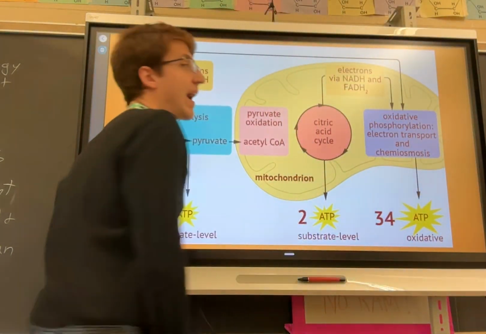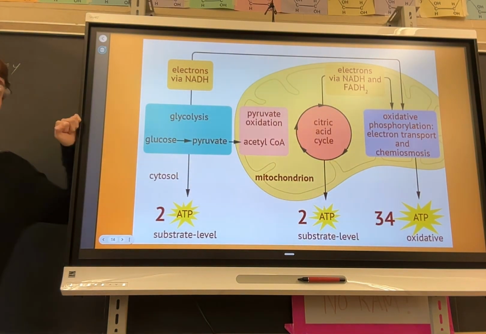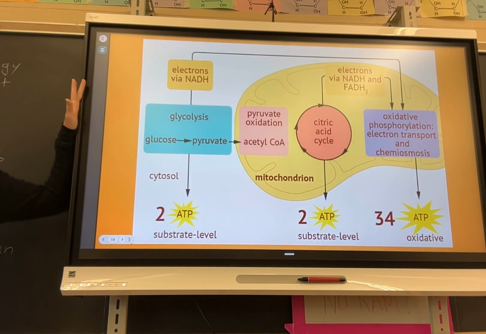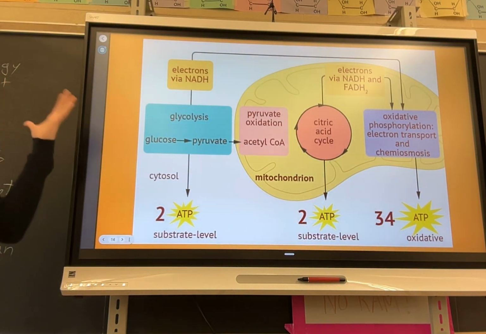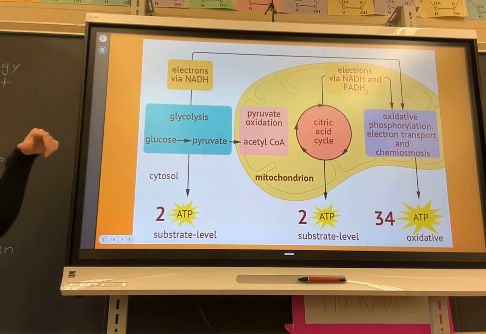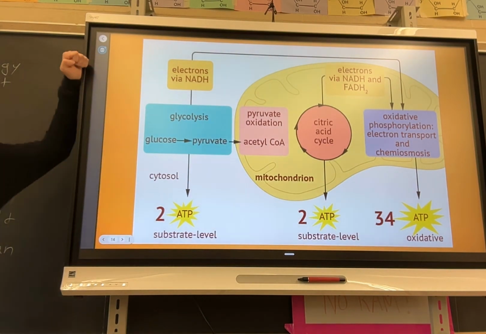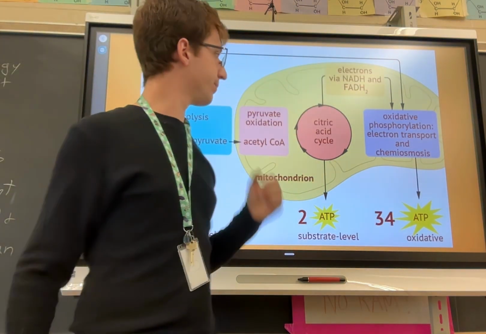So, again, just going through. Glycolysis is going to happen outside of the mitochondria. It's going to convert our glucose, the sugar we initially start out with, into something called pyruvate. It's going to produce a little bit of ATP, and a little bit of electrons via NADH that are going to be shipped in later.